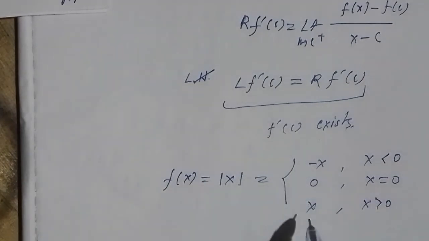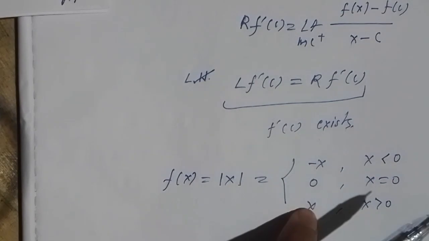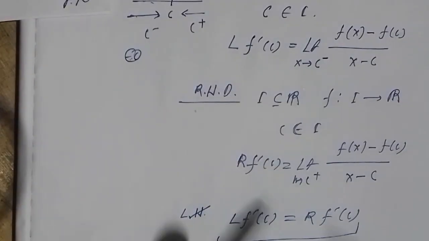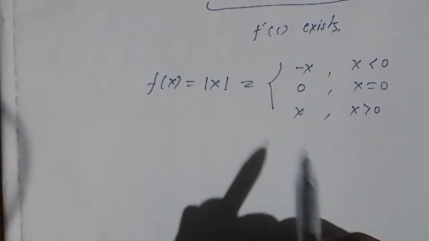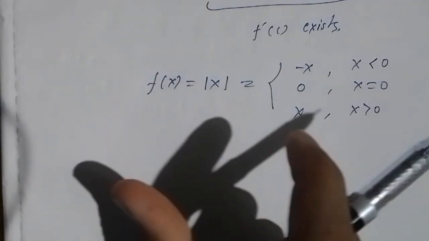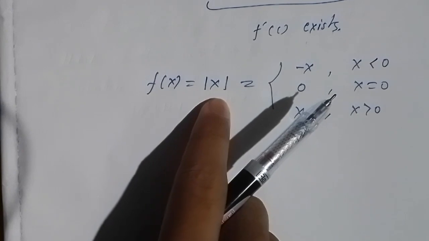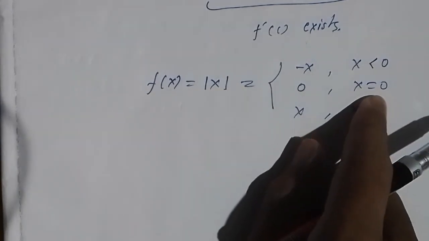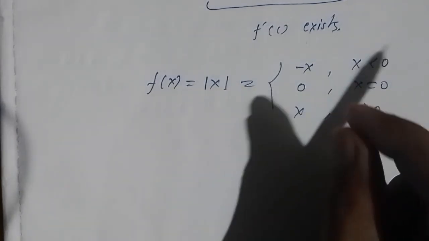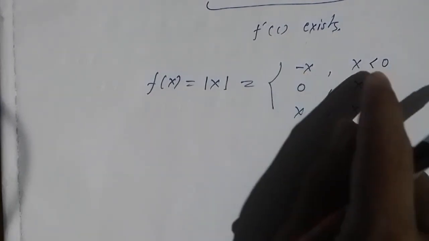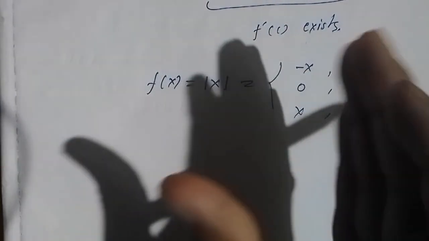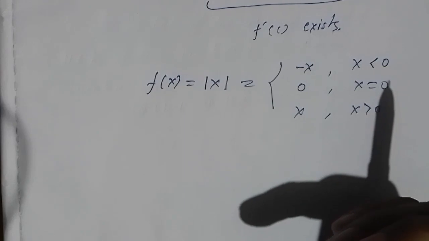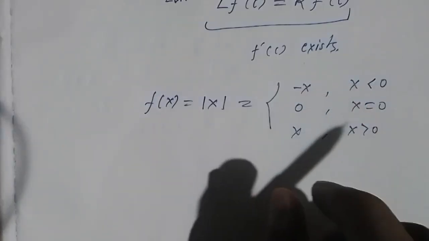We have to study all three cases for this question. Before differentiating at x equals 0, we have to check whether the left-hand and right-hand derivatives exist or not.